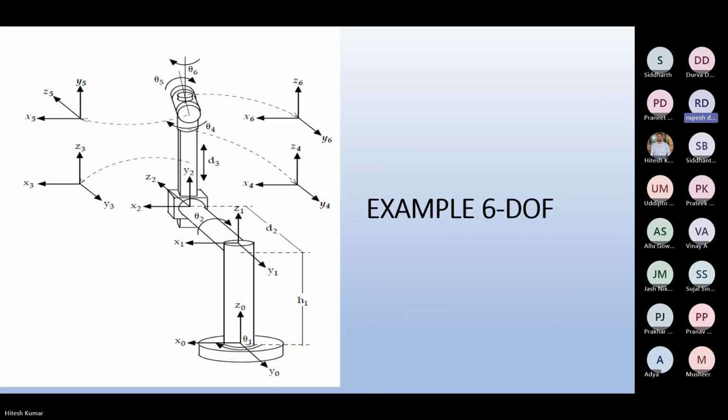Okay, bro. Here, why did we take Z2 in a different direction while we took Z1, Z0, and the rest of them in the same direction? I didn't understand your question.